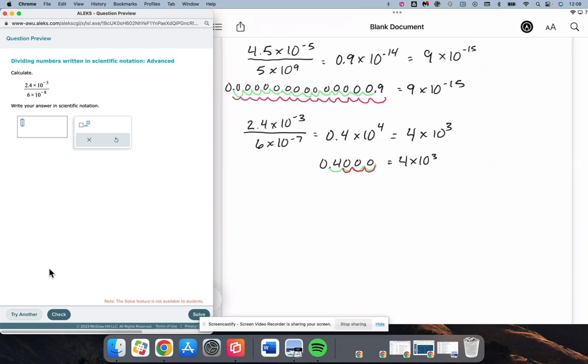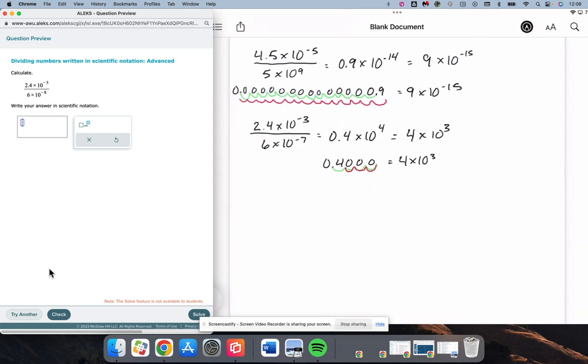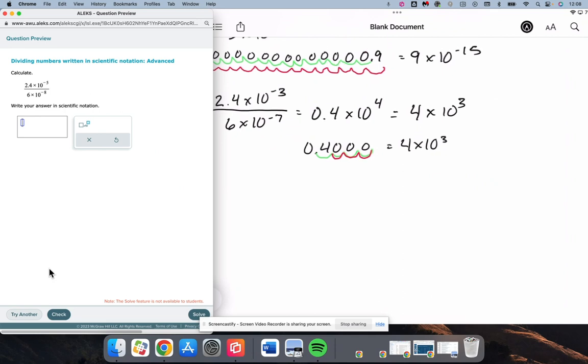And we have 2.4 times 10 to the negative 5 over 6 times 10 to the negative 8. And so that's where we've got 2.4 and 6 again.